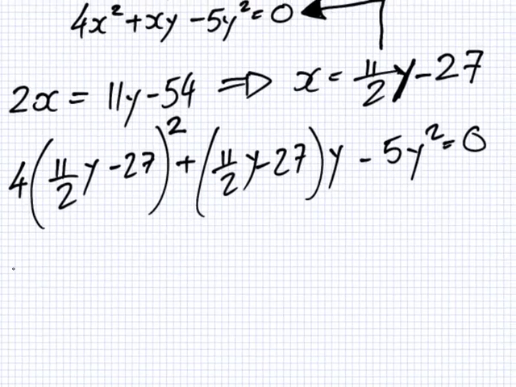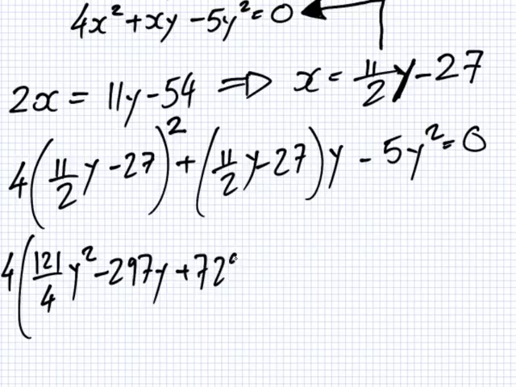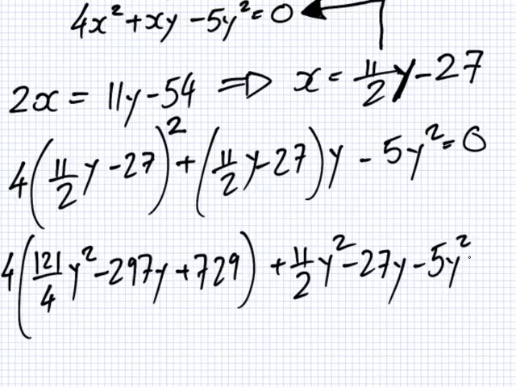So now we have the task of expanding, which is not so bad. This is 121 over 4 y squared, and then 270 plus 27, 302. What's 11 times 27? 297. So the next one would be minus 297y, then 27 squared is 729, plus 11 over 2 y squared minus 27y minus 5y squared equals 0.